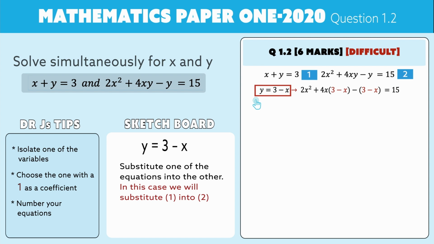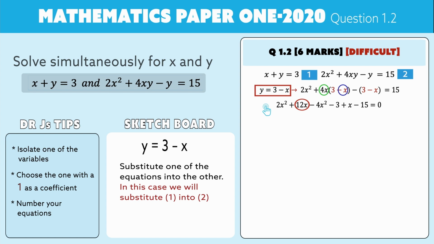What's left for me now is to distribute the brackets. I start my distribution by saying I do not have anything connected to the 2x squared yet, but here I have 4x times 3, which is 12x. Then I have this 4x multiplied by minus x.